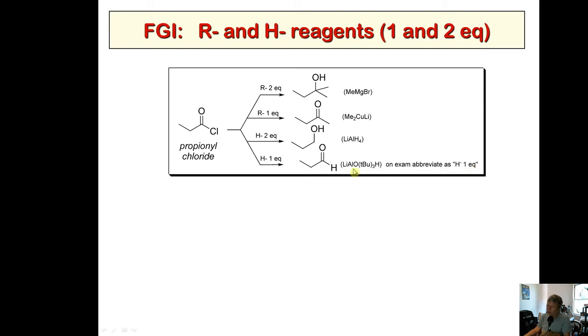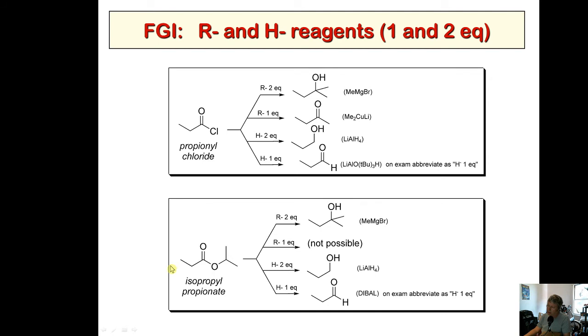These are silly things to memorize, and I usually don't recommend memorizing silly things. This is definitely a silly thing, but it does something cool. It's an H minus 1 equivalent for an acid chloride. What is the H minus 1 equivalent for things like esters and stuff? It's not this. What is it? It's D and then 5 letters. It's DIBAL. Yeah, we'll see that in a second.